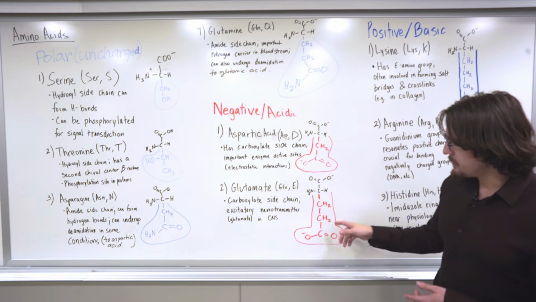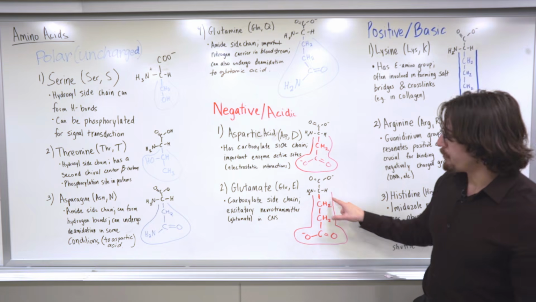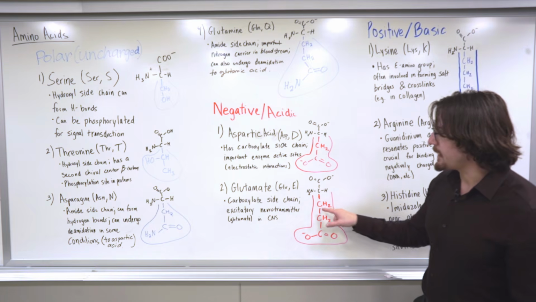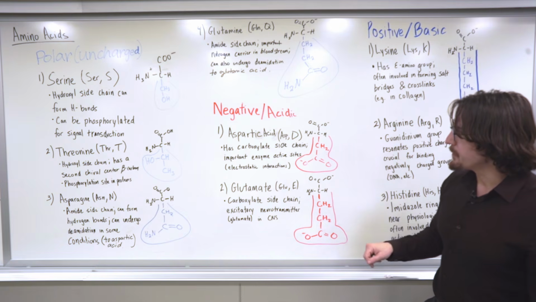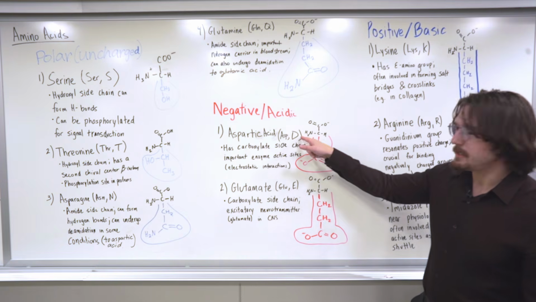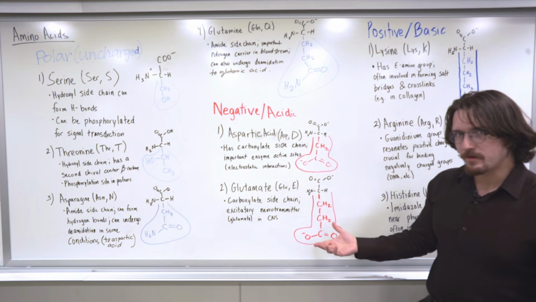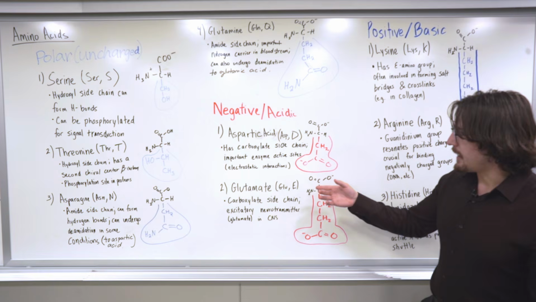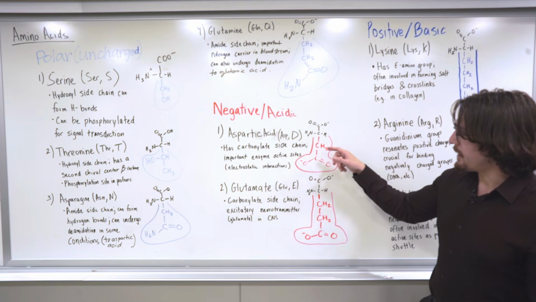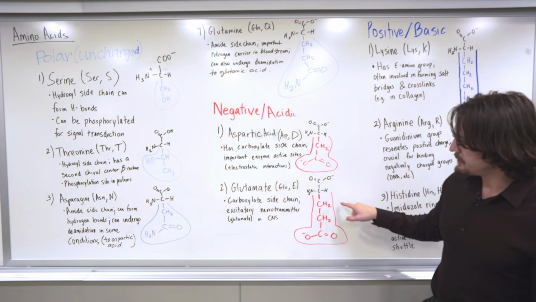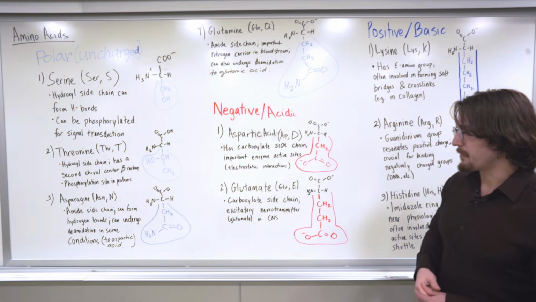But notice that glutamate or glutamic acid, it has kind of the same side chain, but with one extra methyl group or methylene group, CH2 group. And so the reason is because E comes after D in the alphabet, and since there's one additional carbon in the chain, they named glutamate E. So D, E, one carbon in the chain, two carbons in the chain preceding the carboxyl group.